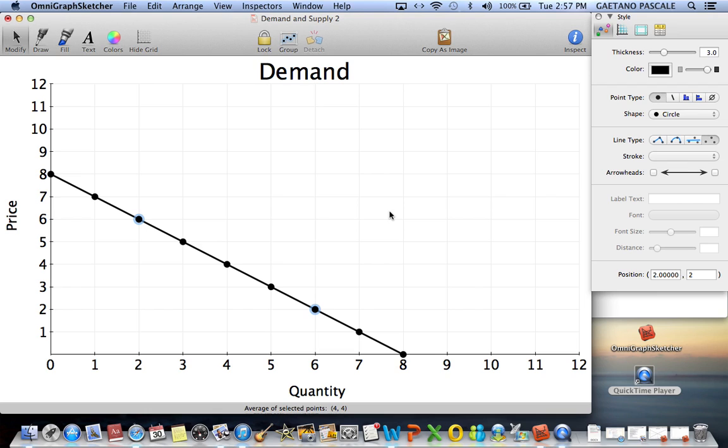So when I moved from that price quantity combination, a price of 6 and a quantity demanded of 2, to a price of 2 and a quantity demanded of 6, I move from that point on the demand curve to this point on the demand curve. That is what is meant by a change in quantity demanded. When you have a change in quantity demanded, you're just moving to a different location on the existing demand curve.